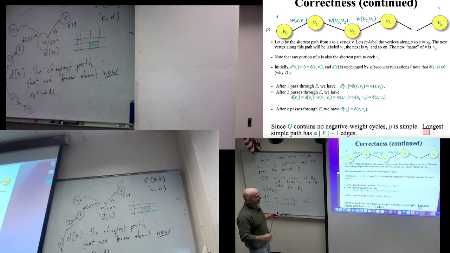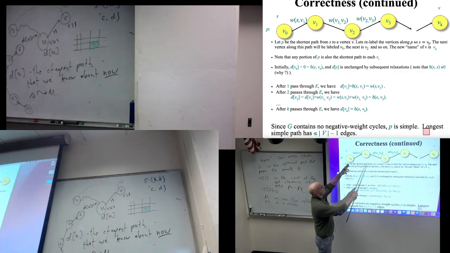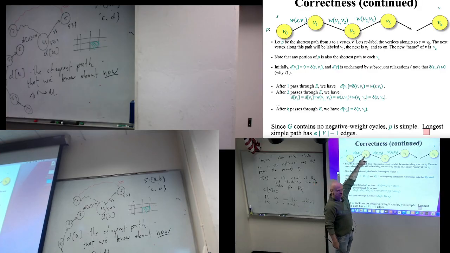Now, after the relabeling, what do I know from Bellman-Ford? That at some point, Bellman-Ford made sure to go through each and every edge and relax it. D of V0 is 0. What do I know about D of V1?